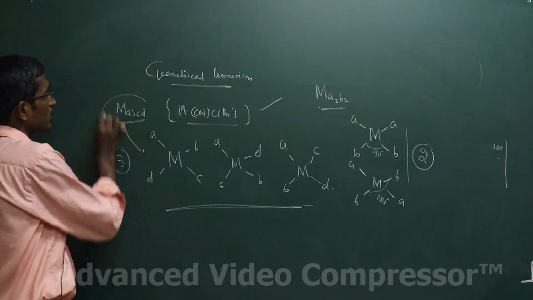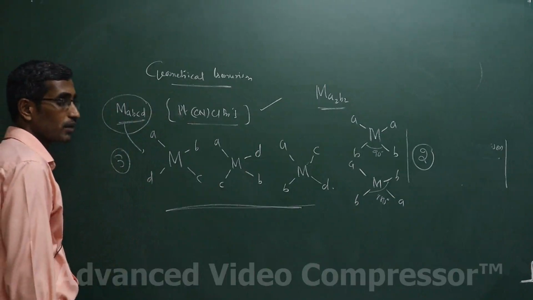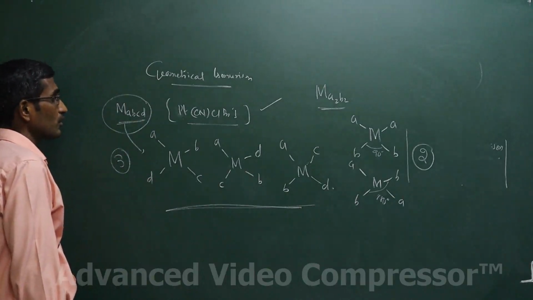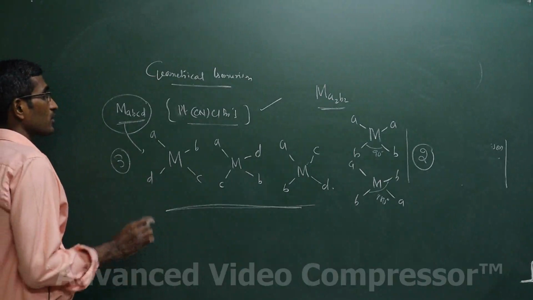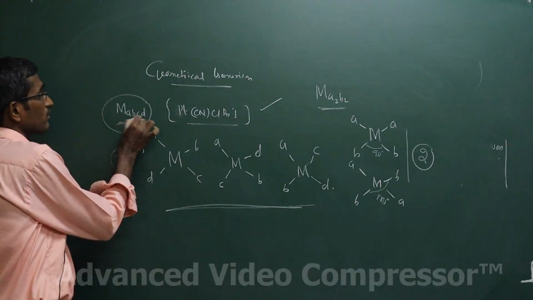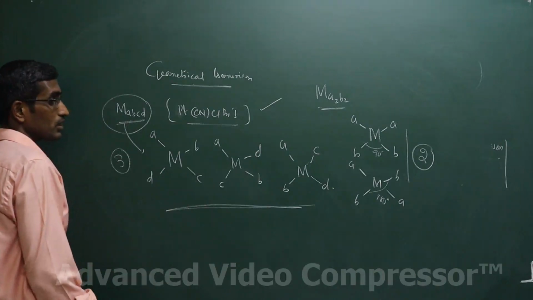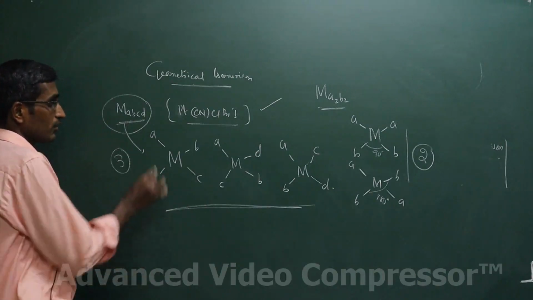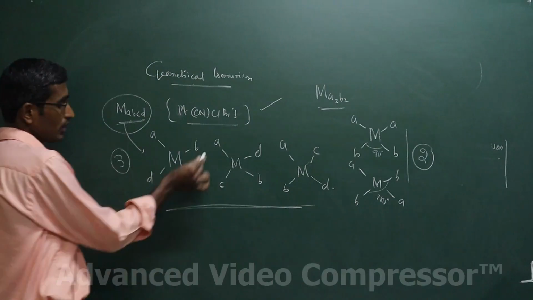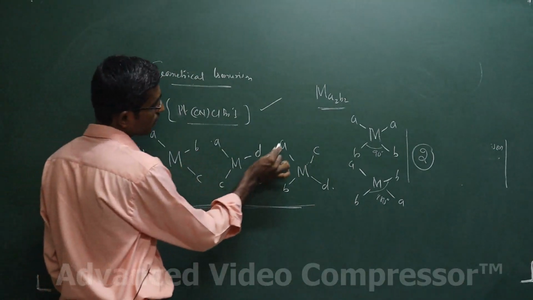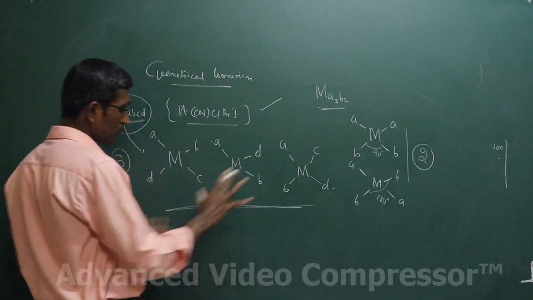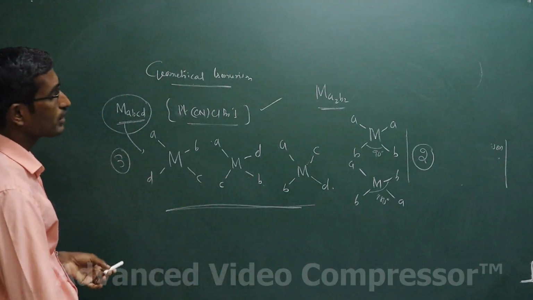If at all they are asking how many geometrical isomers can be observed in the square planar complex having M, A, B, C, D, it can show 3 geometrical isomers. In one case A is opposite to C, in another case A is opposite to B, in another case A is opposite to D. Whatever modification you do in the rest of the forms, you will be getting the same form.